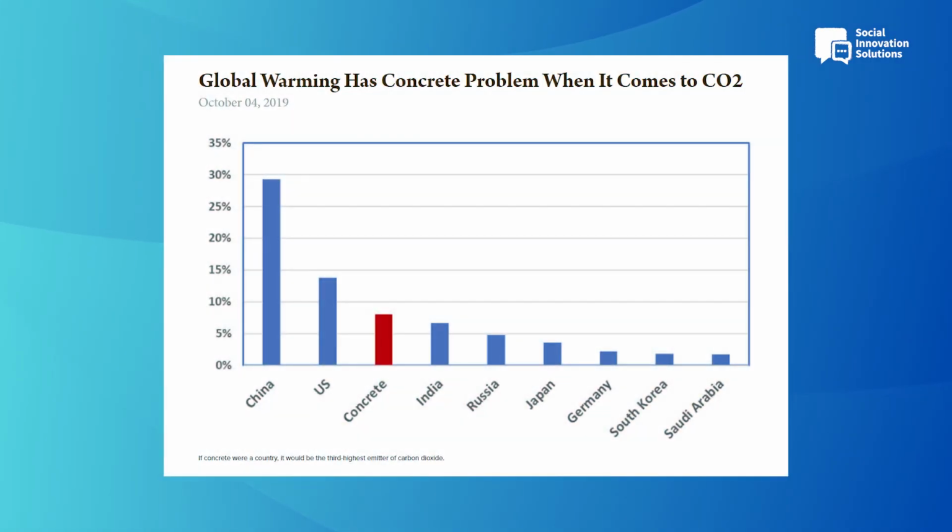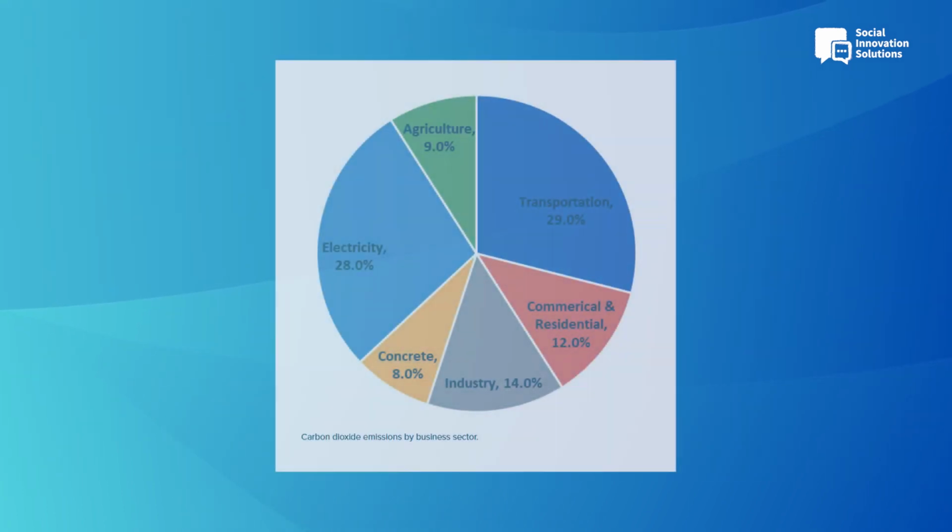The production of cement is responsible for 5 to 8% of global carbon dioxide emissions. The substances emitted into the air and water during the production of concrete contribute not only to global warming, but also acidification and eutrophication.